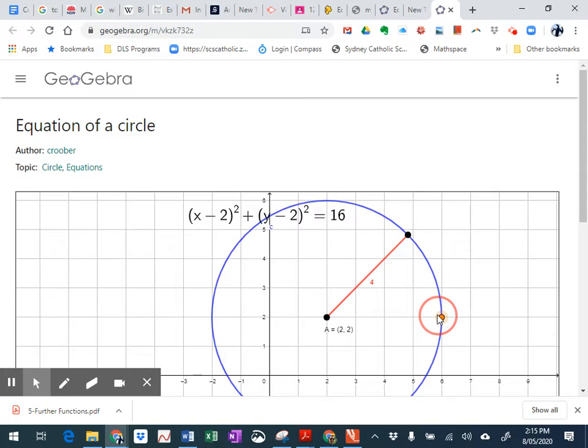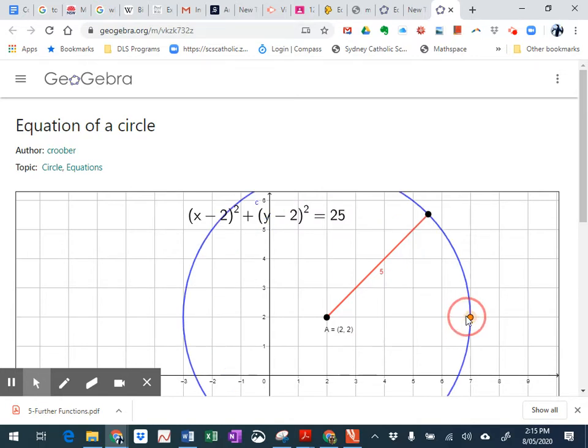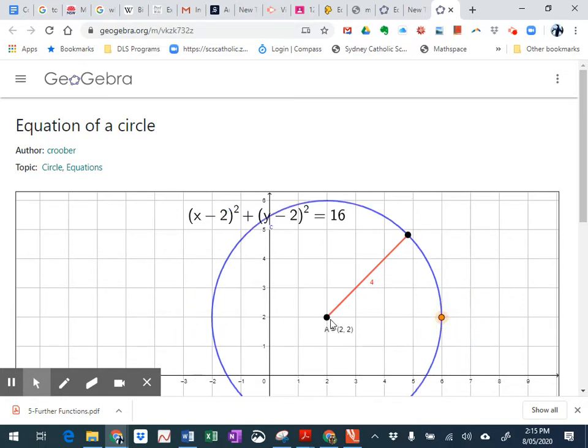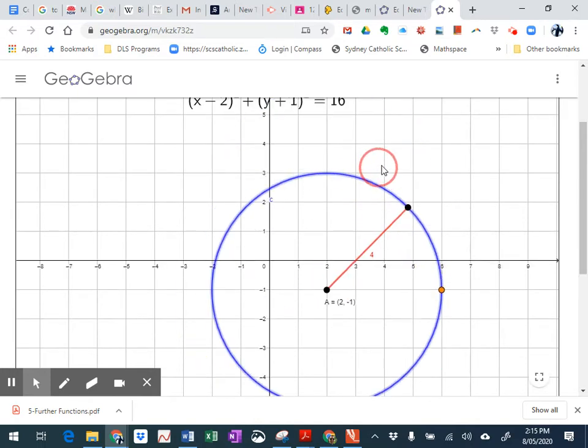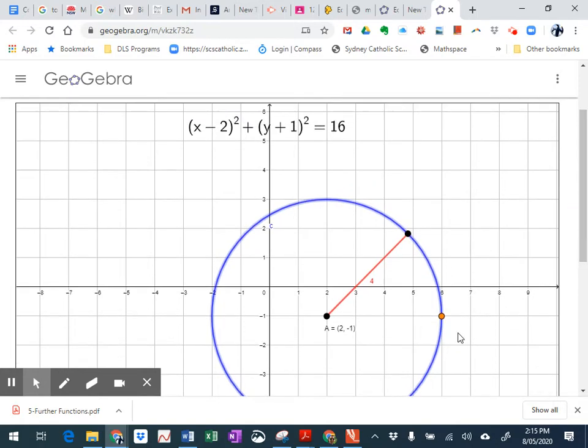Here I've got a radius of 4 units, and the centre is (2, 2). So (x minus 2) squared plus (y minus 2) squared equals 16. I've got a radius of 5, so the equation changes again. Now what if I change my centre? Let's move the circle down a bit. How about at (2, minus 1)?